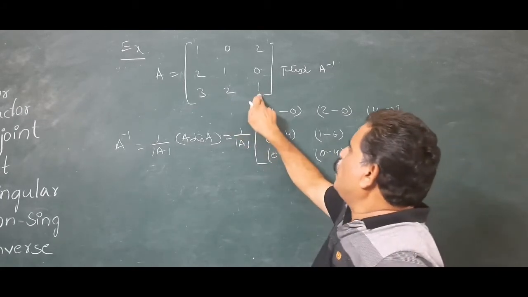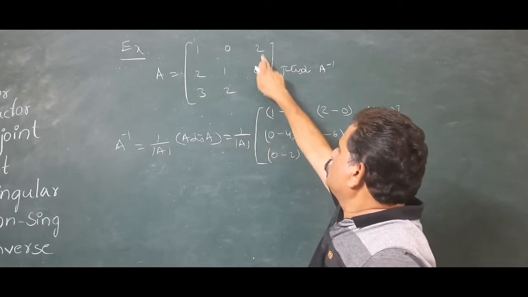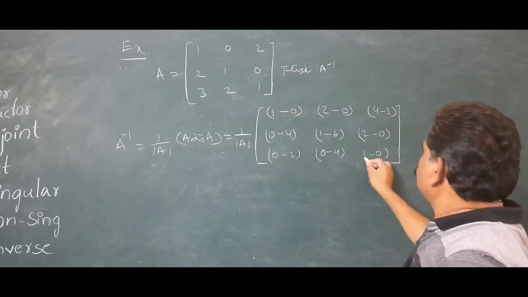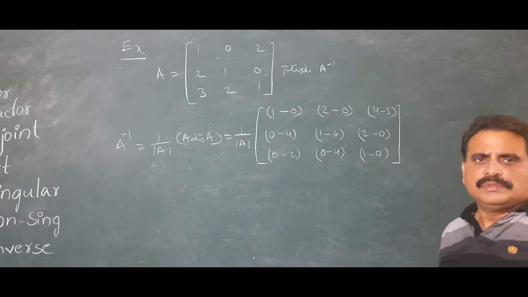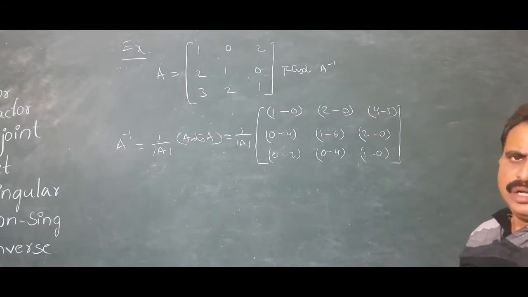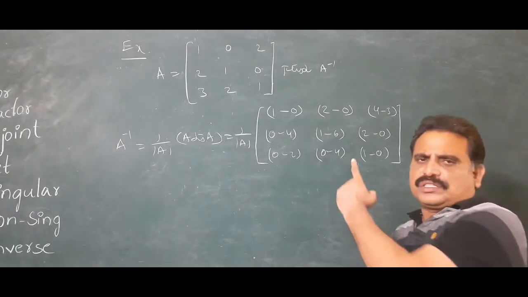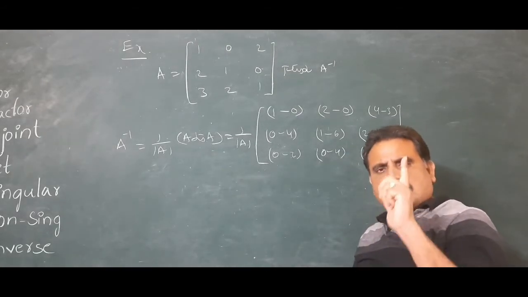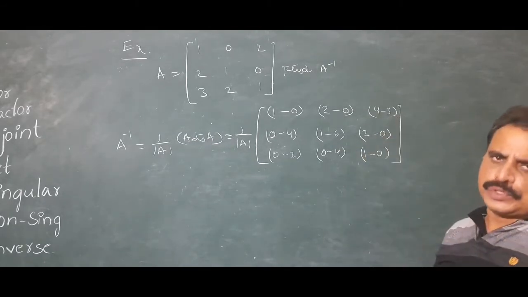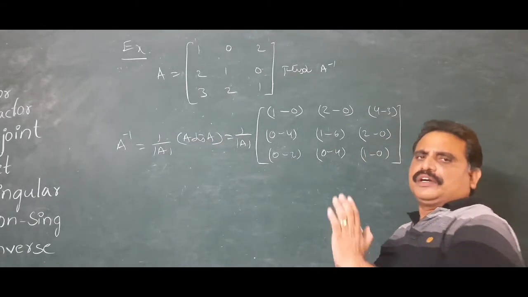Next, minor of 1, third row, third column, that is 1 minus 0. Now here, the minors are converted to cofactors. Here we have to apply two operations on that matrix. One is minors converted to cofactors. After that, transpose.